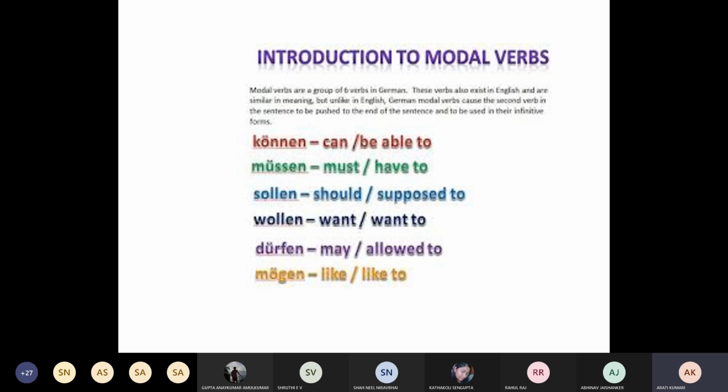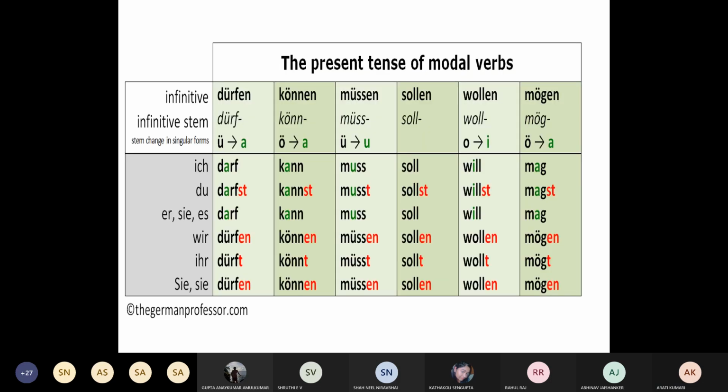Say, ich mag dich. No? Informal. Suppose you want to talk formally, then say ich mag Sie. You remember, that's how it works.